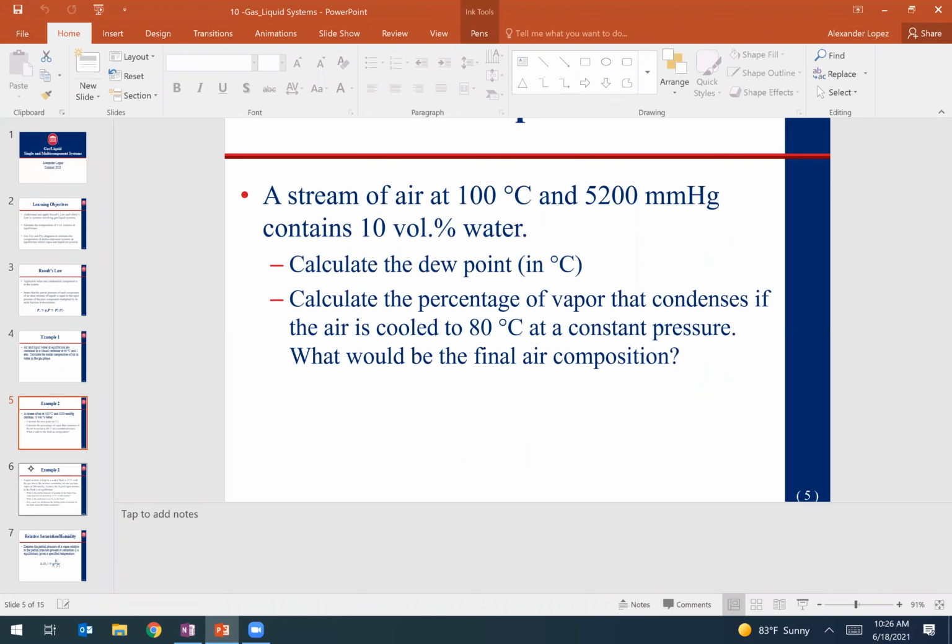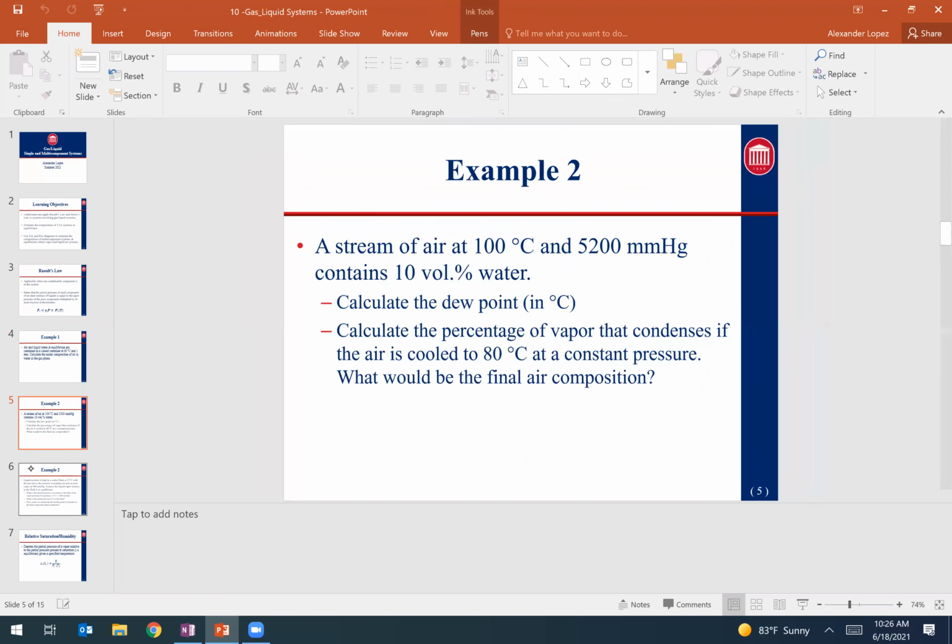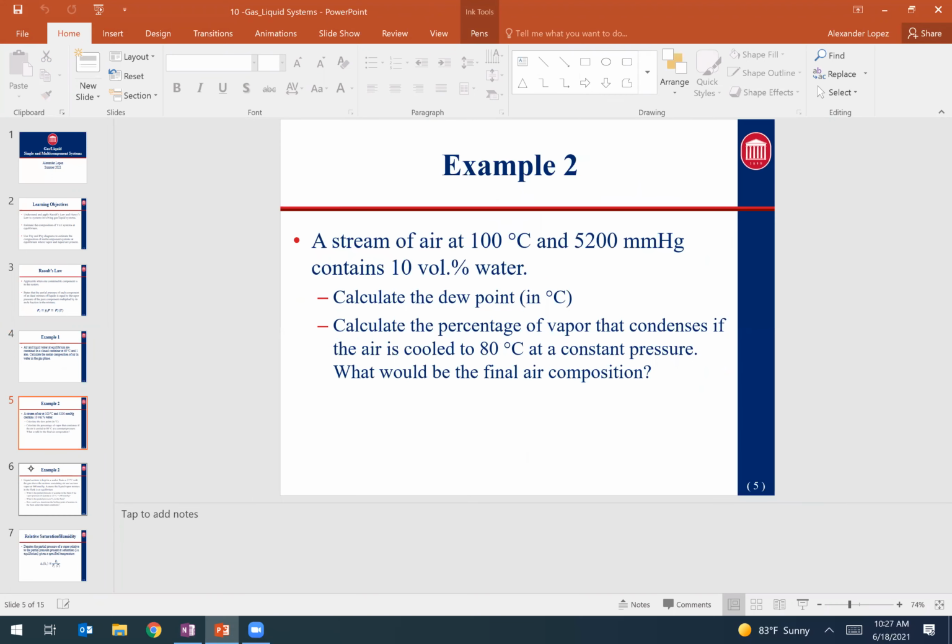I have two examples to choose from. So let's look at this system. A stream of air at 100 degrees C and 5,200 millimeters mercury contains 10 volume percent water. Calculate the dew point in degrees Celsius. Calculate the percentage of vapor that condenses if the air is cooled to 80 degrees C at a constant pressure.